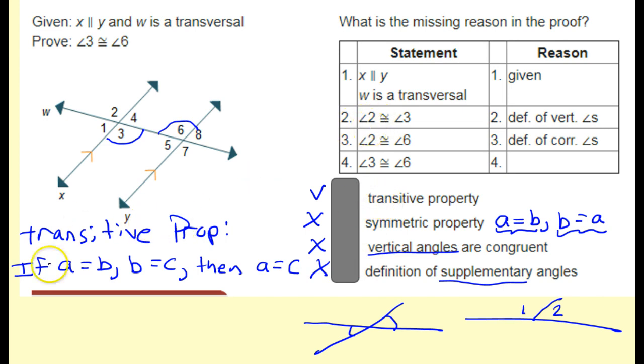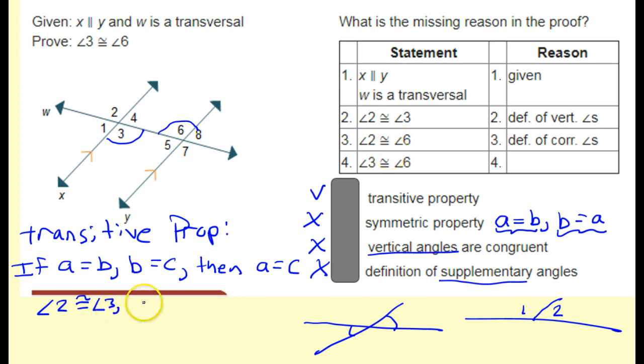Now let's see if I can make it fit the pattern that I said. Now they said 2 is congruent to 3. I'm going to have to finesse it a little bit. But they said angle 2 is congruent to angle 3.